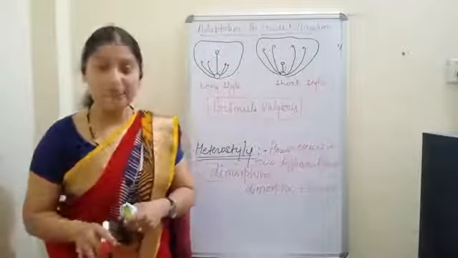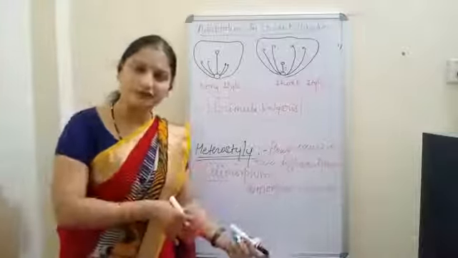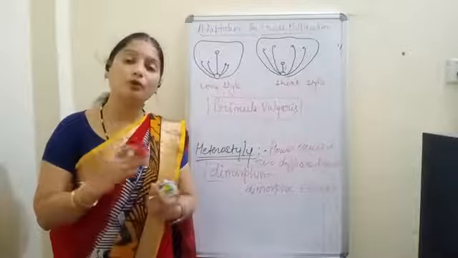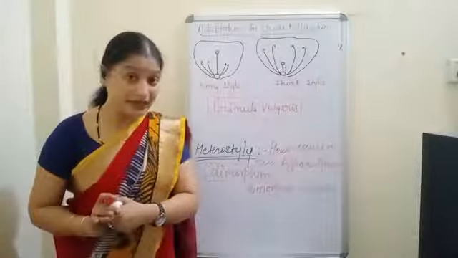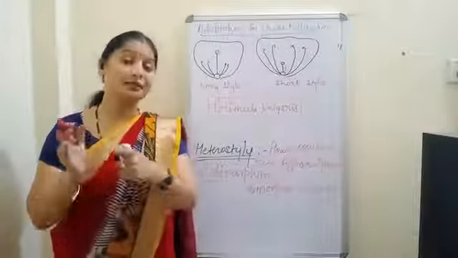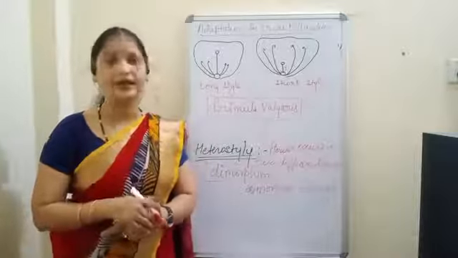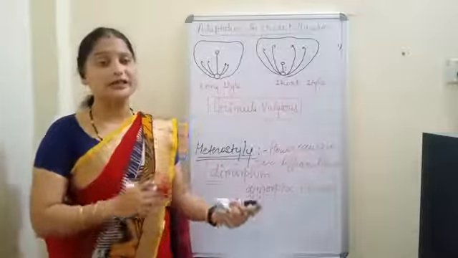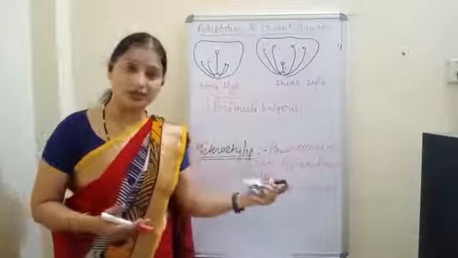In one form, the style becomes very long, and in another form, the style becomes very short. And in both the conditions, it is not possible for the anther to shed the pollen grains over the stigma. That's why they do not undergo self-pollination, and they all favor cross-pollination.